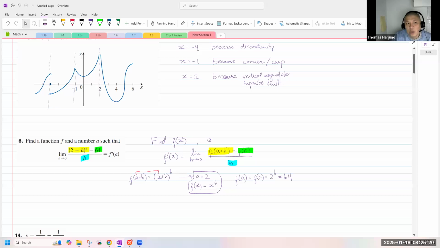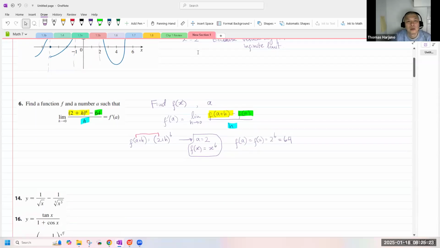But since we know how to do the derivative already using the theory, we can go further. f'(x) is 6x to the fifth, so f'(2) equals 6 times 2 to the fifth, that's 6 times 32, which is 192. So not only do we know the function and a, we can go even further, saying that the value of this limit is actually 192. Does it make sense?